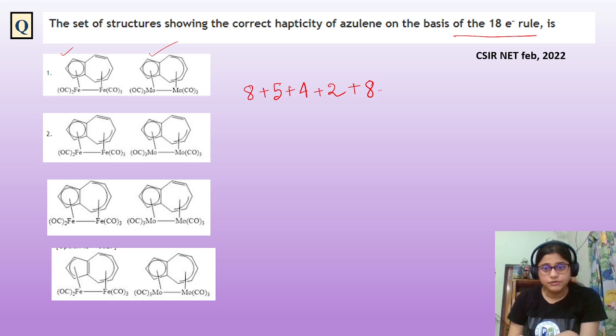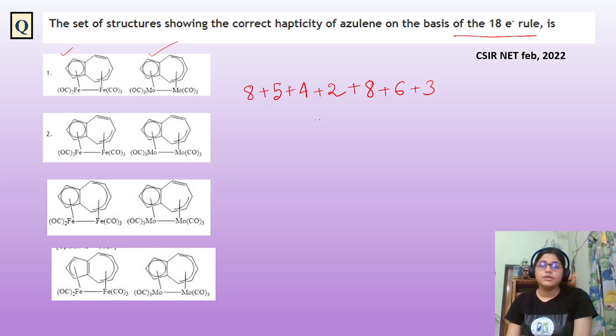Carbonyl 3, it will be 6. And here 1, 2, 3, so this circle covers 3 carbons, so it is bonded through 3. Is it 36 or not? Let's just see that. Okay, 13, 14, 15, 16, 17, 18, 19.